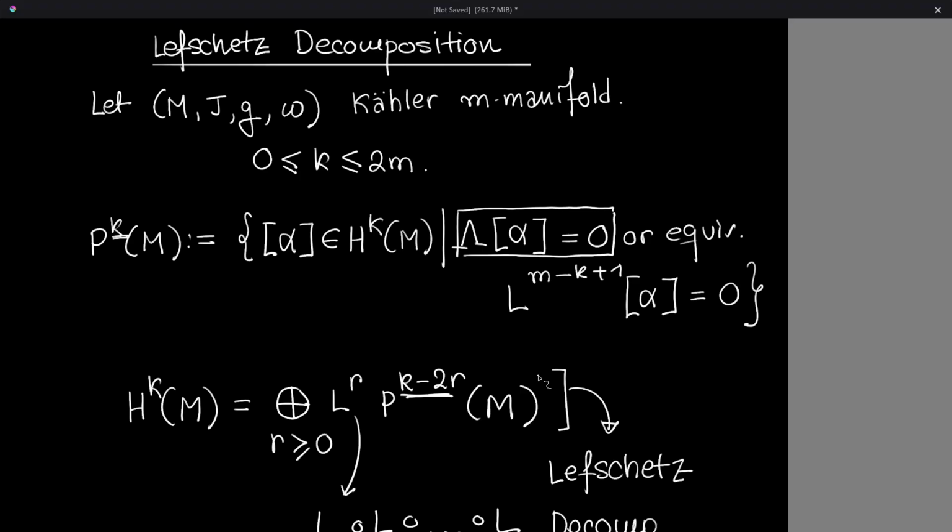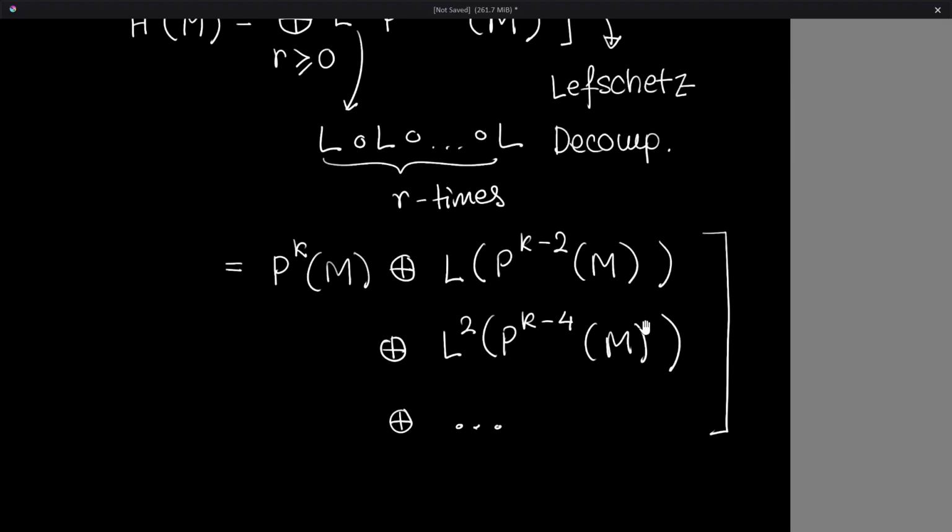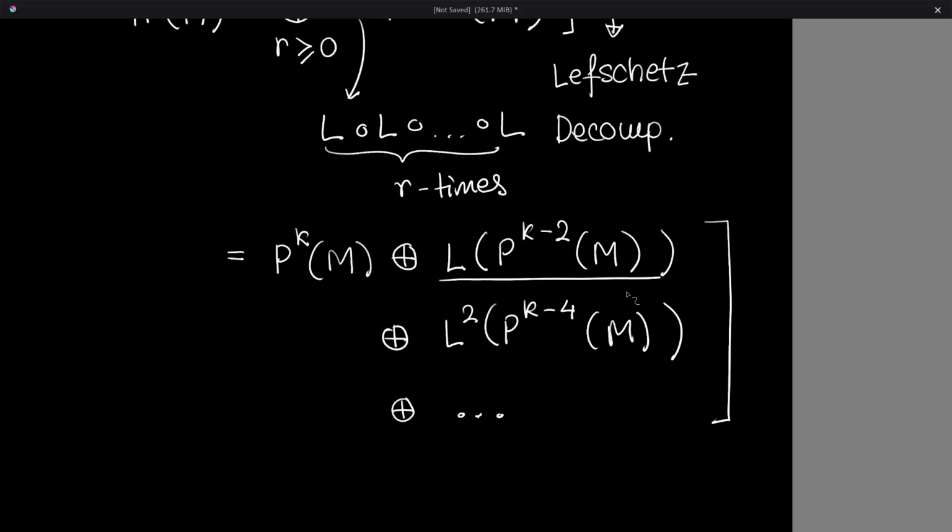So in that sense, P^k of M is a primitive class. It is the purest form. Then we have plus the k minus 2 forms that can be upgraded using the Lefschetz operator to turn into k-forms. And then we have the k minus 4 forms that can be turned into k-forms using 2 Lefschetz operators.